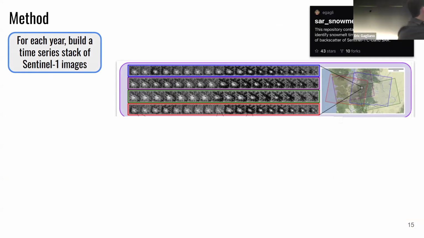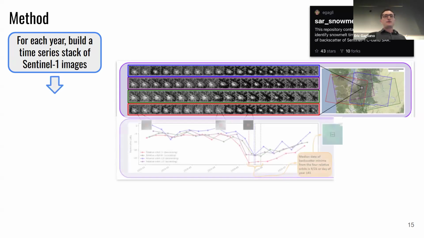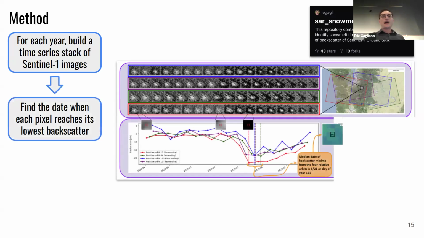All the images in green are taken from the same spot in space. And then we build a backscatter time series for each pixel and estimate the timing of the backscatter minima of each orbit. And that's represented by those dashed vertical lines.